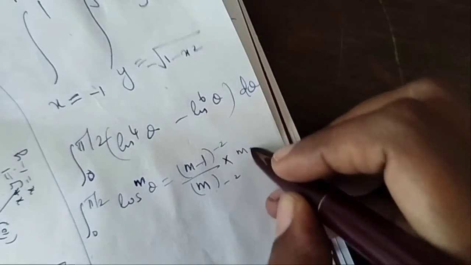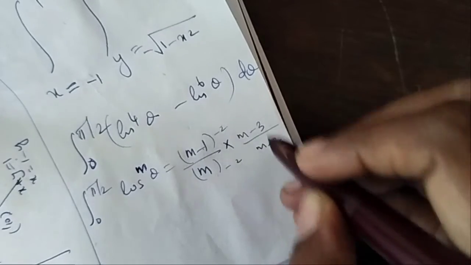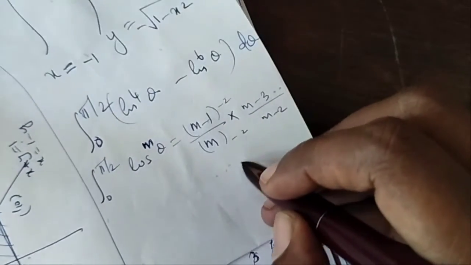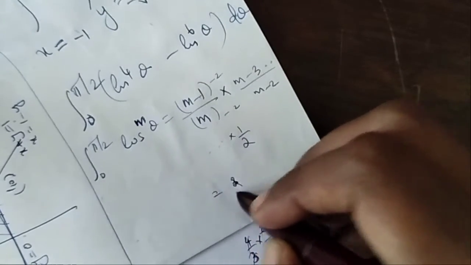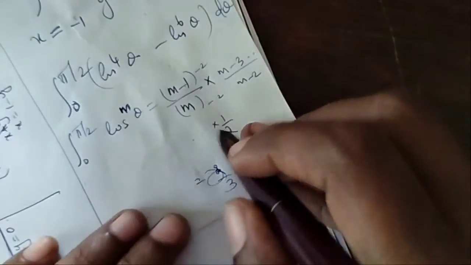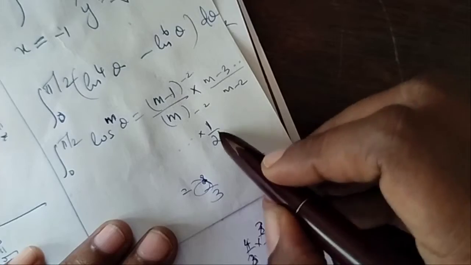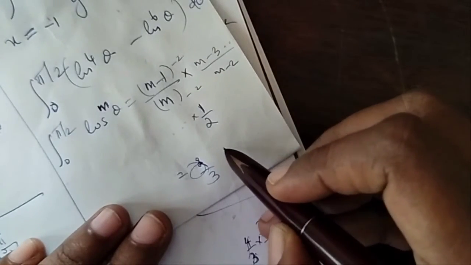So it is m minus 3 by m minus 2, and so on, continuing. So finally we are getting either 1 by 2 or 2 by 3.